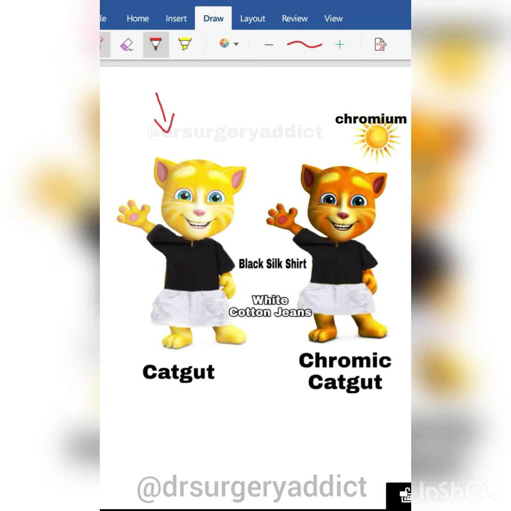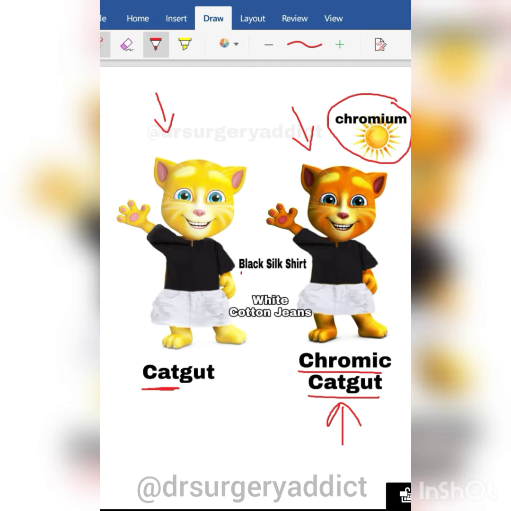Yellow cat means catgut suture. This is the brown cat. Brown cat means chromic catgut. This sun is nothing but chromium. So this catgut gets exposed to chromium, so it gets tanned and it is brown in color.